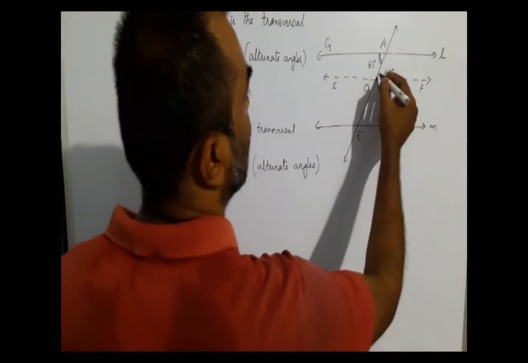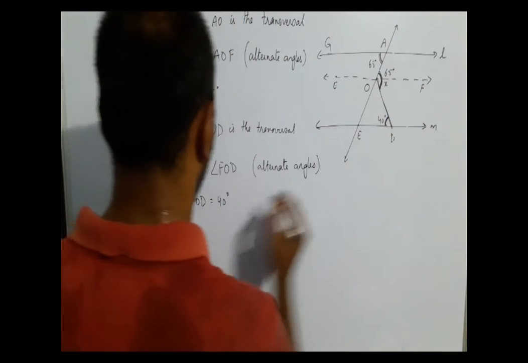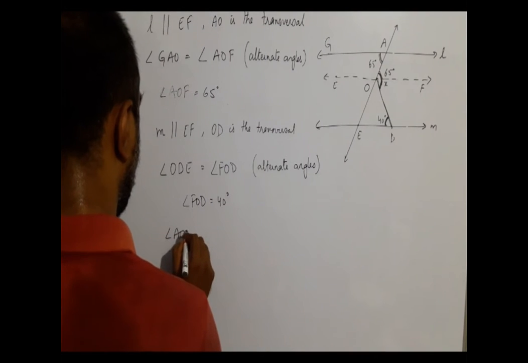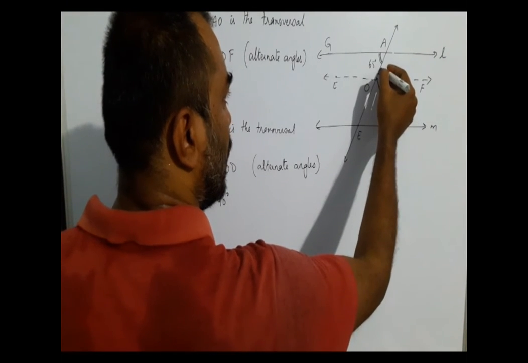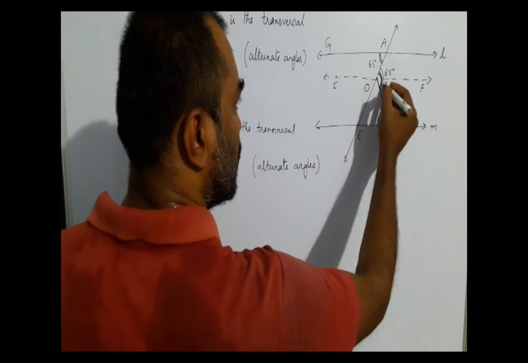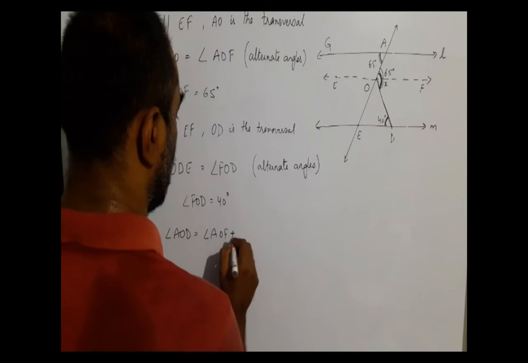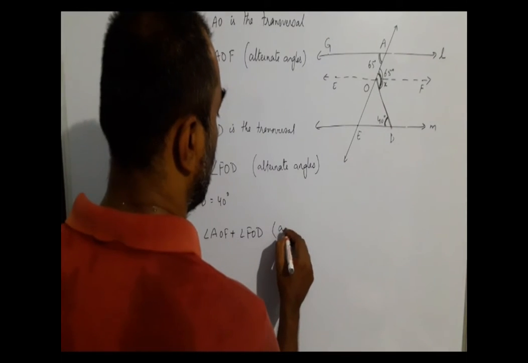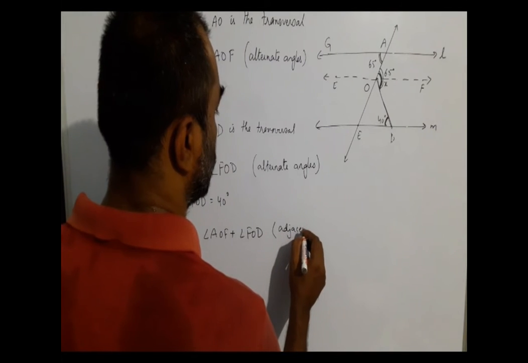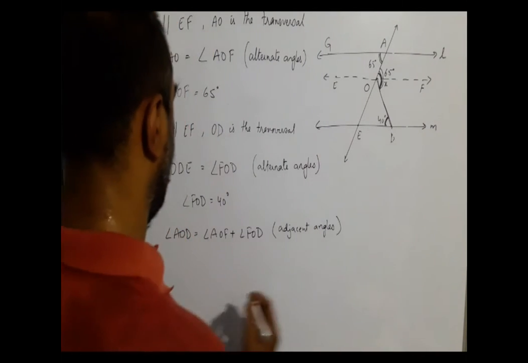Now see, what is angle X actually? Angle X is angle AOD. Now how do you find AOD? AOD is AOF plus FOD, because they are adjacent angles, and in adjacent angles you have to add up the angles.